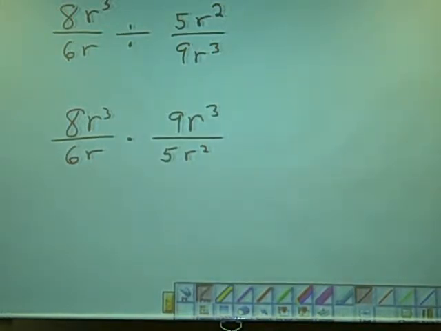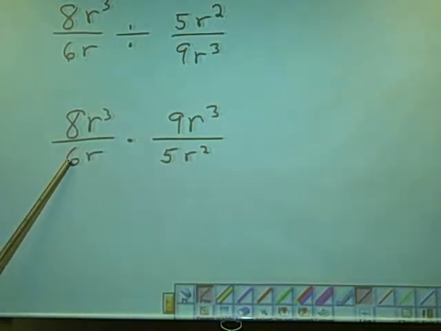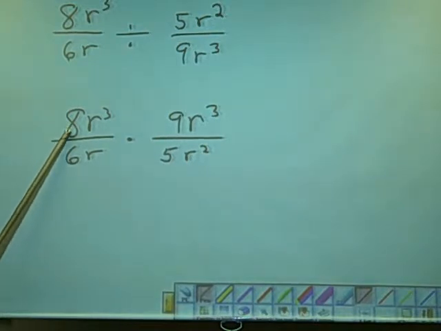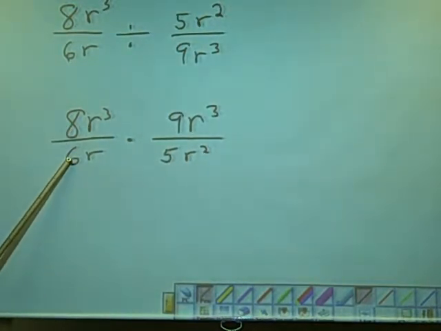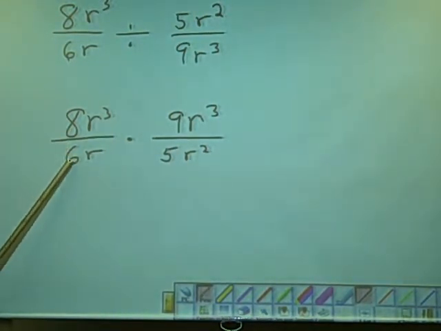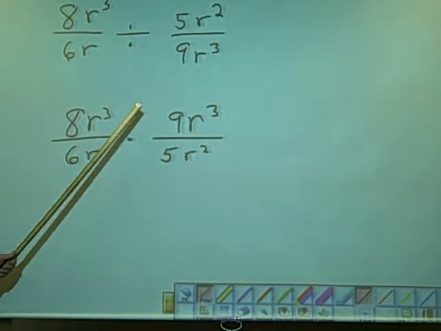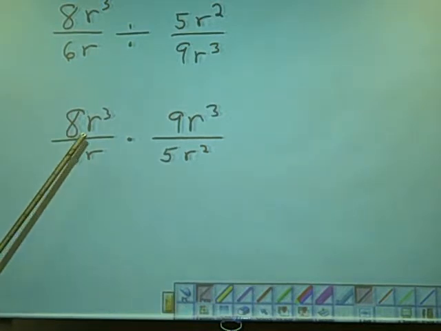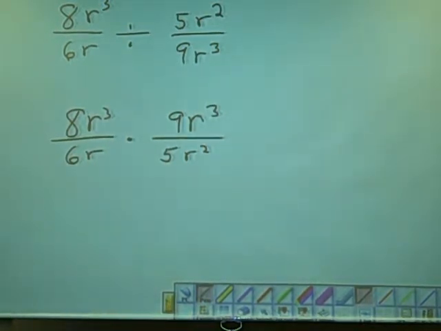Okay, now we can cancel the 6. 2 is a factor that can go into 6, right? Into both 6 and 8. And we also know that 3 can also cancel into 6 and 9. So you could start either way. So I always like to start with the left and work my way to the right.